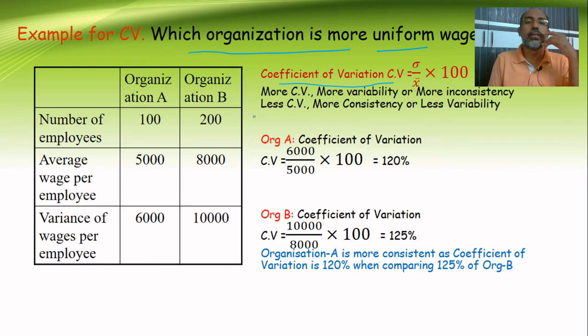The data is given in the table, so we have nothing to do with the data itself. What is given? The average wage per employee, that is x bar. Then the variance of wages per employee.